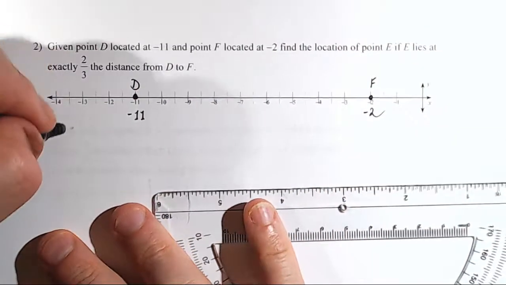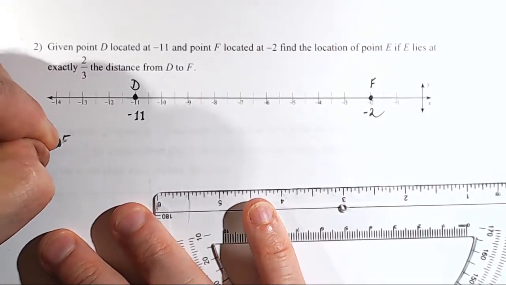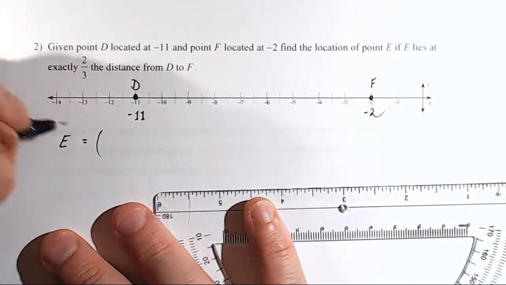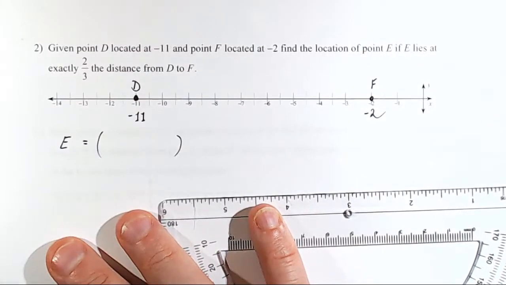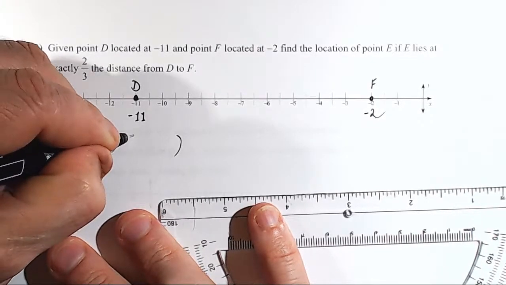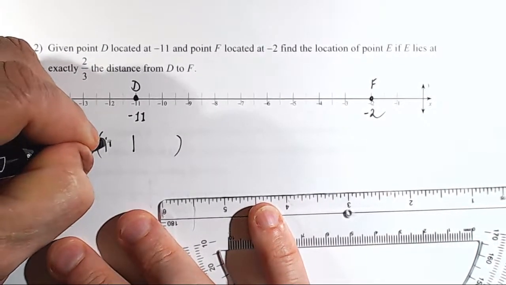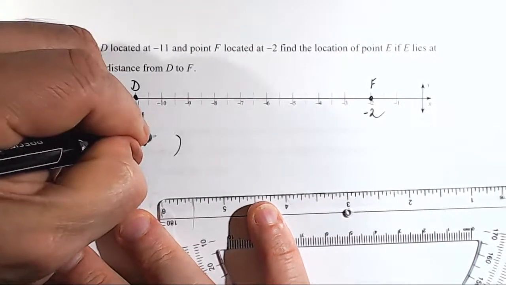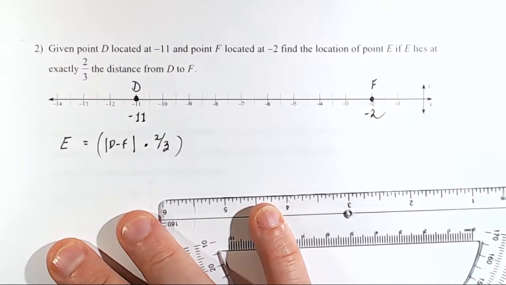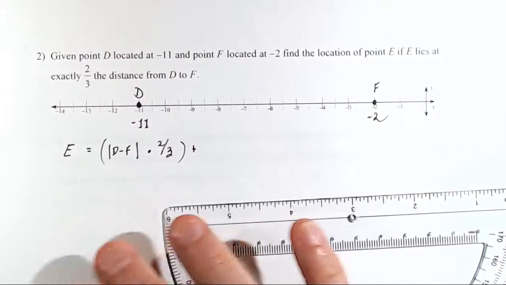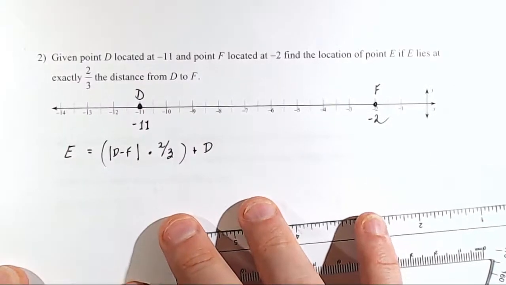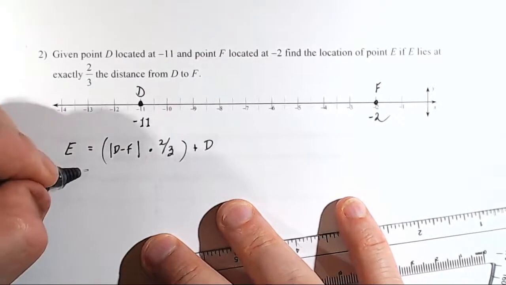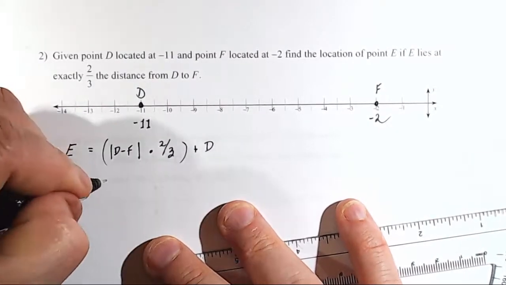All right, so we're just going to go back in here and say, all right, we need point E, and point E is going to be equal to the product of the absolute difference between D and F times 2/3 plus point D. Okay, because we're moving from D to F. So again, complicated looking, we're going to substitute in our values.